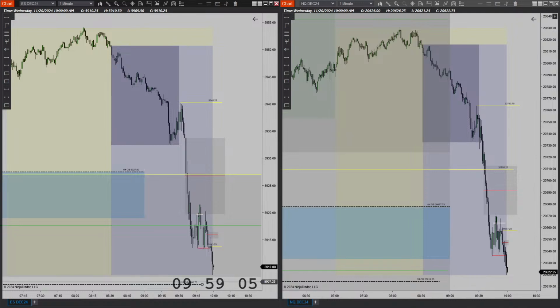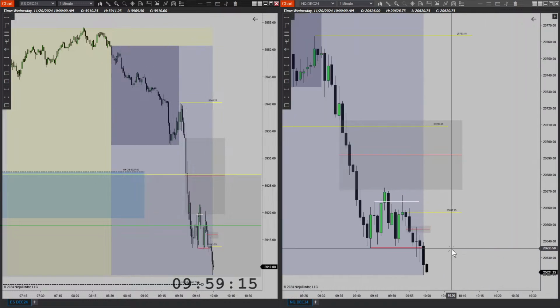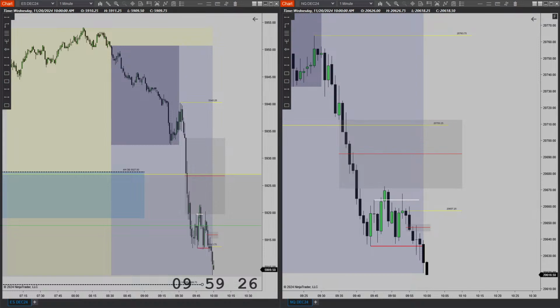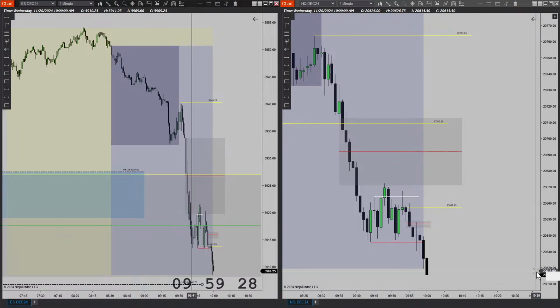But this is about the lowest I would want it to get, because there's that 1 hour order block right here as well. So we do have a 1 hour gap as well as this 1 hour order block. And YM has still yet to sweep that 15-minute low, so that SMT is still intact.